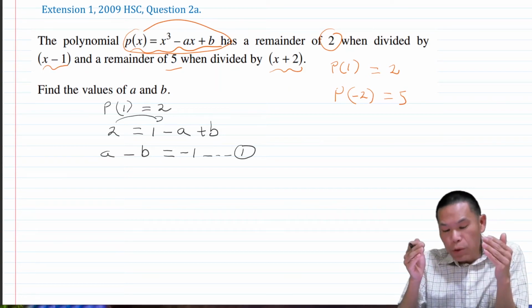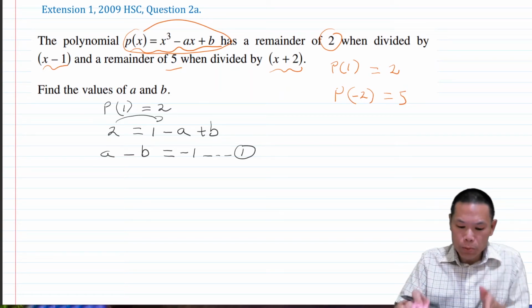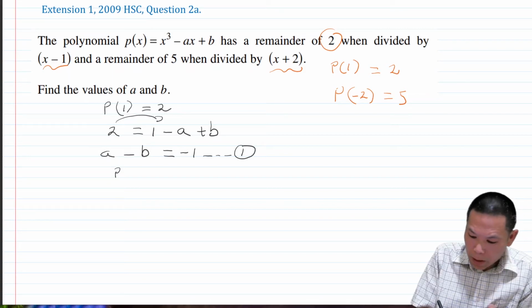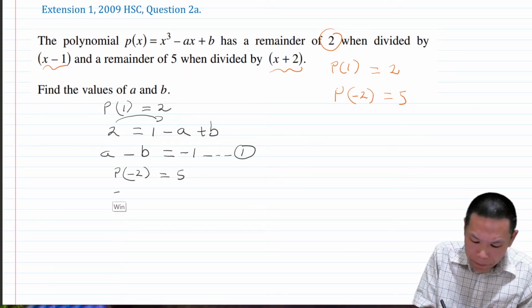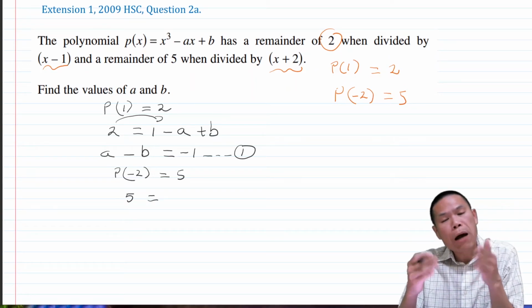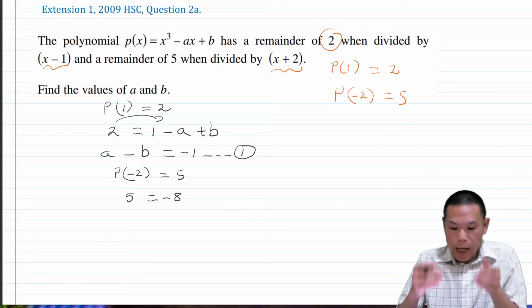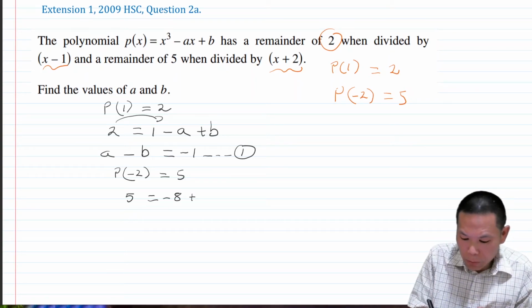Now we substitute P of negative 2 is equal to 5 into the polynomial. So that means 5 equals negative 2 to the power of 3, which is negative 8, and then minus a times negative 2 is plus 2a, and then plus b.